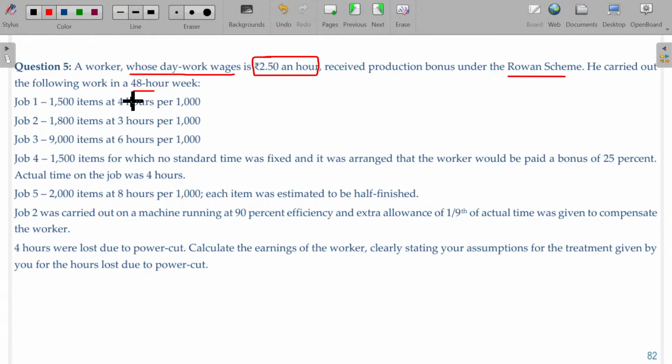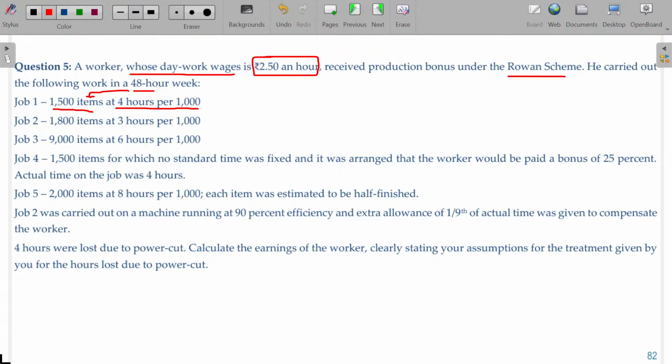This worker has completed these jobs. Job 1, 1500 items at 4 hours per 1000. In 48 hours, he has done this job. Job 1, 1500 units produced. This is standard time: 4 hours required for every 1000.